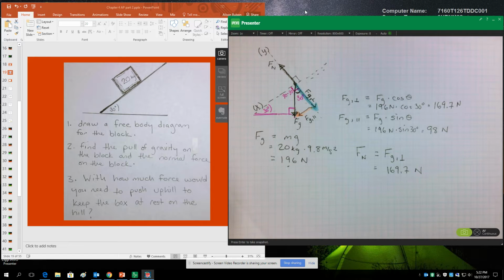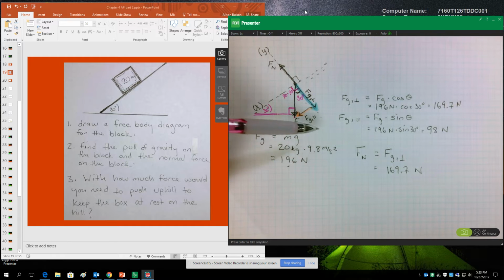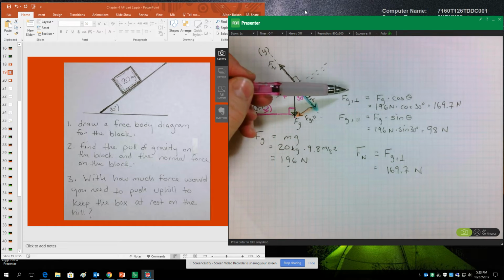So in any case, we had answered the first and second question here about the block on the 30-degree angle. We know now the pull of gravity is 196 newtons in total, and then we've discovered that the perpendicular component of that gravity is 169.7 newtons into the plane, and that the pull of gravity that's down the plane is 98 newtons.